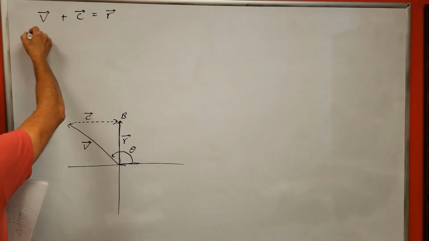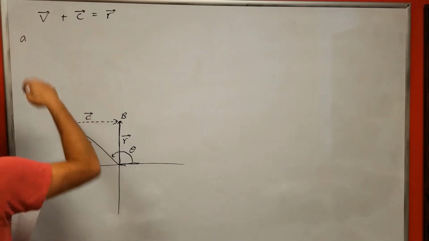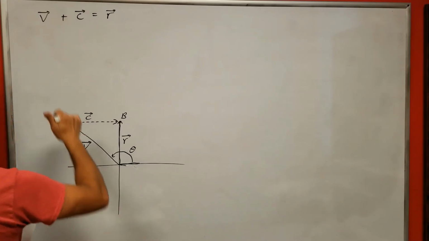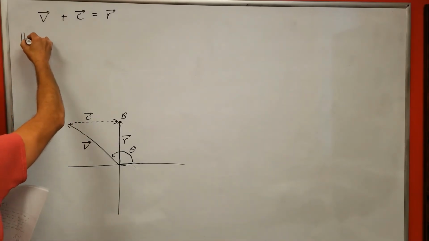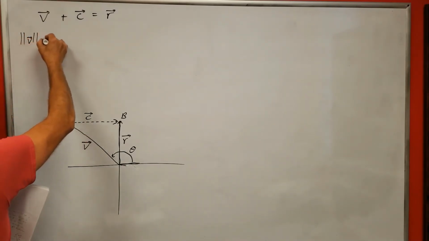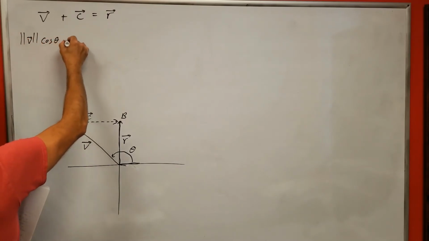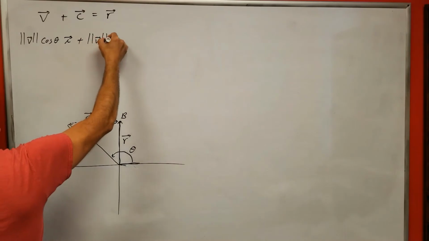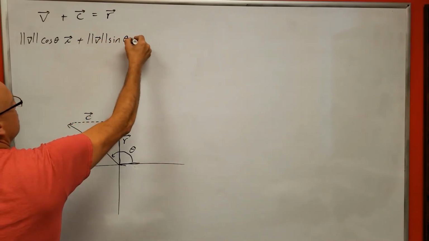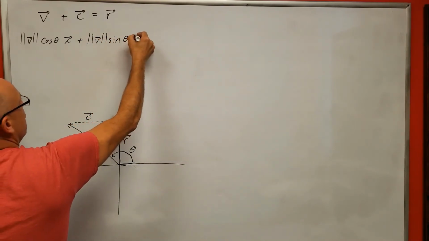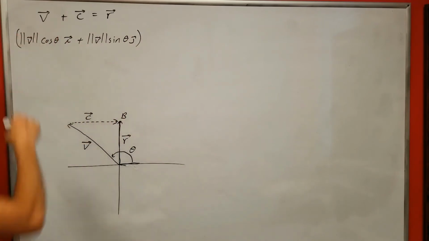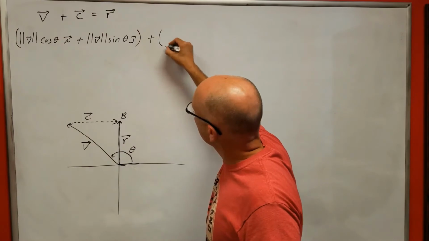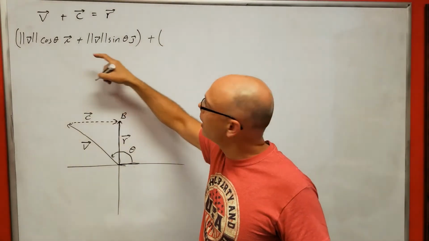Vector V will be some a i plus b j, right? But how do I write that? I write that as the magnitude of vector V times the cosine of theta times vector i plus the magnitude of vector V times the sine of theta times vector j. That's vector V, right? Plus vector C, but what does vector C look like if I put it in terms of i and j?